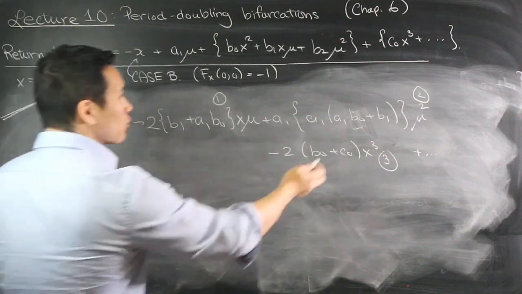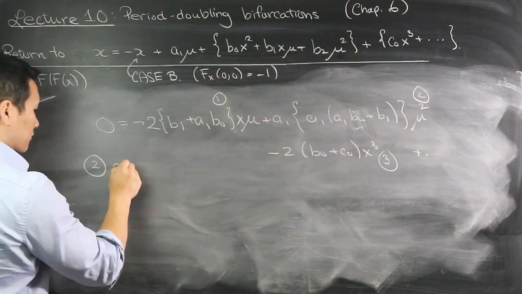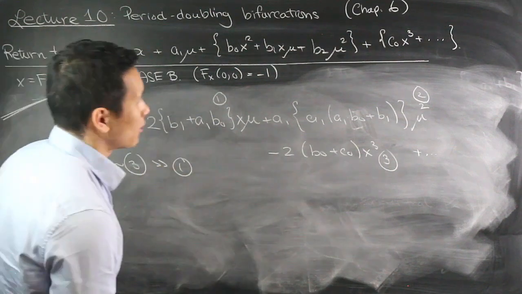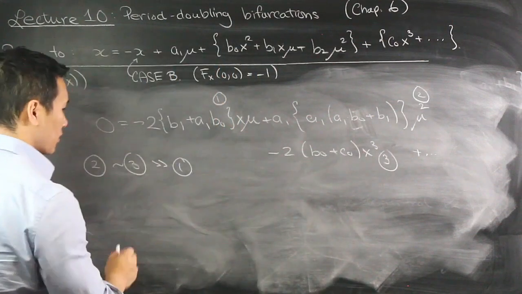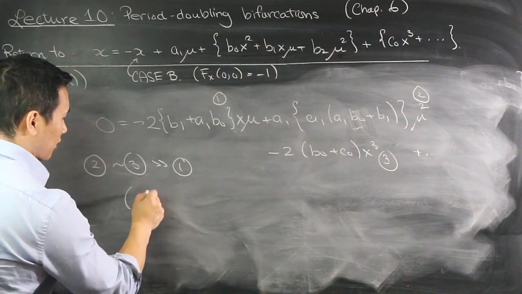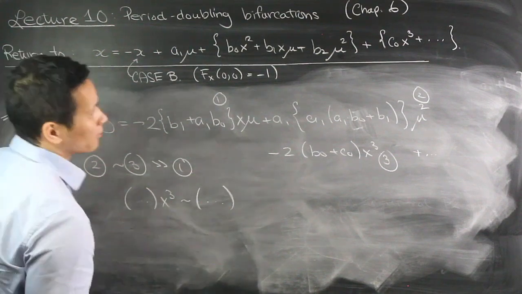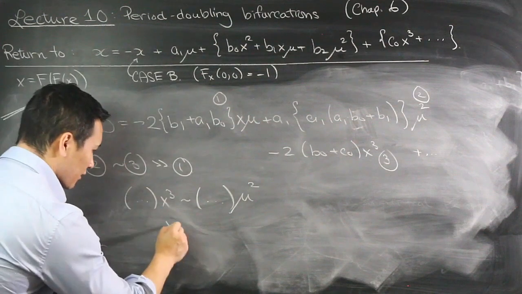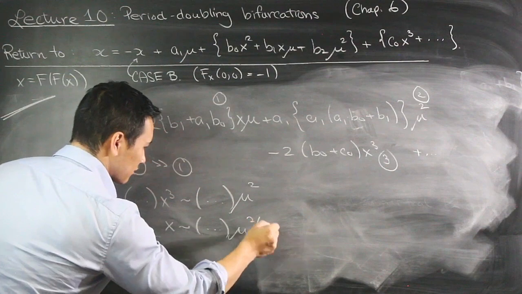Well, if you do a 2-3 balance, you balance 2 and 3, and let's say you say that's much larger than 1, just try it. So if I balance 2 and 3 together, on one side I have an x cubed, and on the other side it's going to be something times a mu squared. Then you solve this and it gives you something times mu to the 2/3.